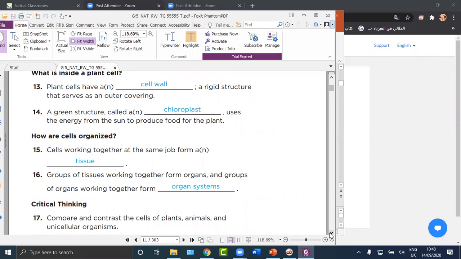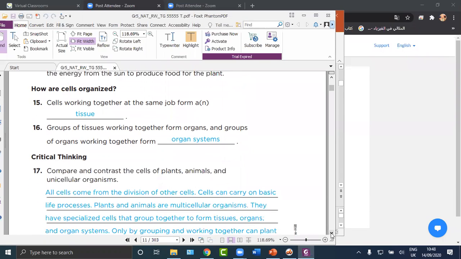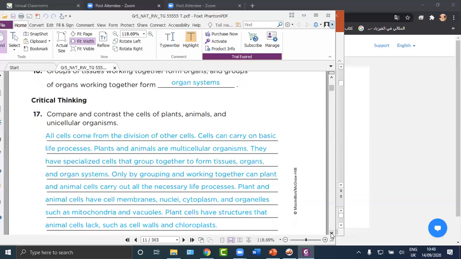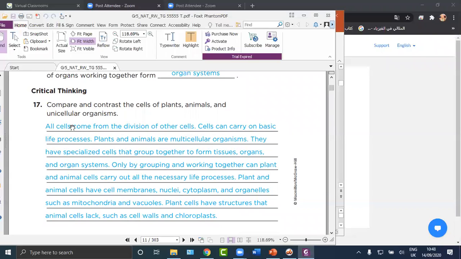Compare and contrast the cells of plants, animals, and unicellular organisms. We explained these questions many times. This is the perfect answer. All cells come from the division of other cells. Cells can carry on basic life processes.